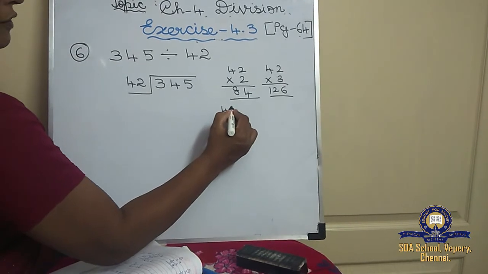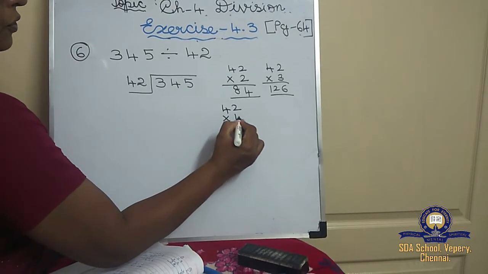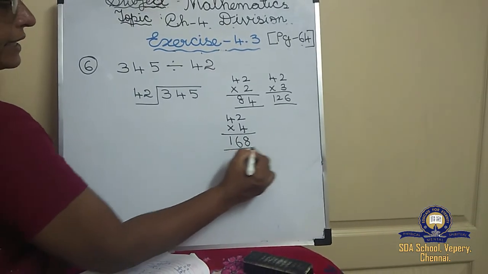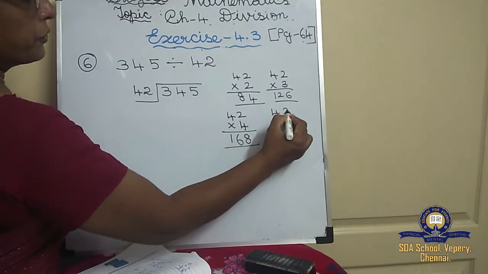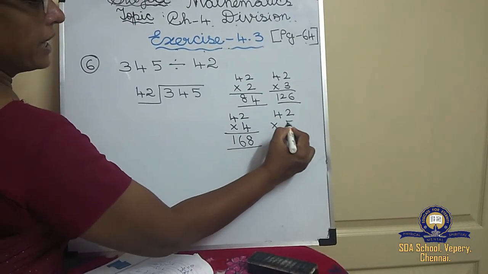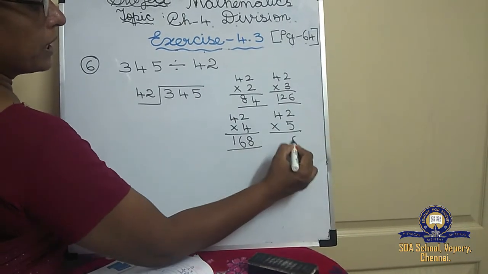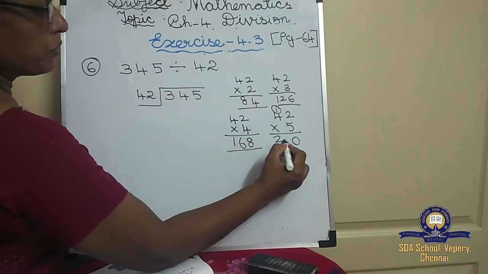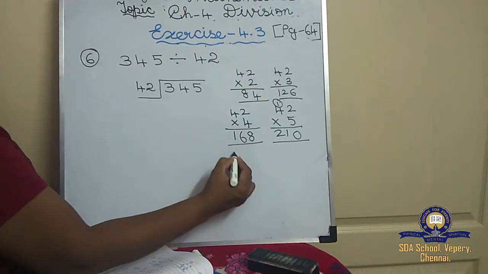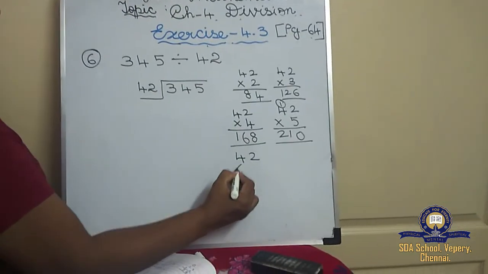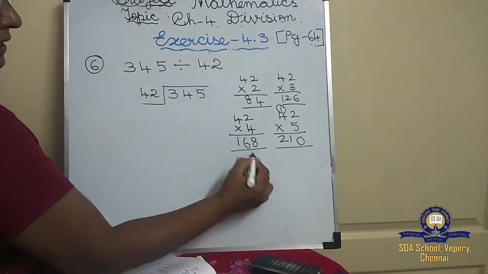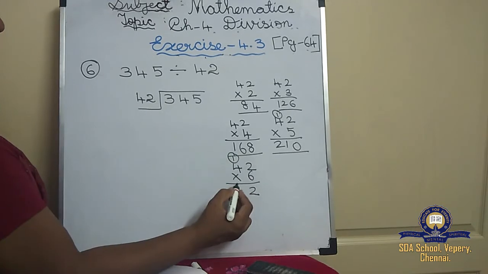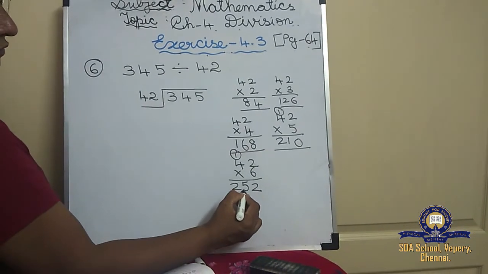Then 42 into 4. 4 twos are 8, 4 fours are 16. 42 into 5. 5 twos are 10 and 5 fours are 20, 20 plus 1, 21. 42 into 6. 6 twos are 12, 6 fours are 24, 24 plus 1, 25.